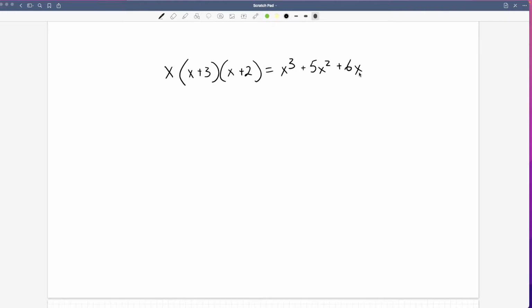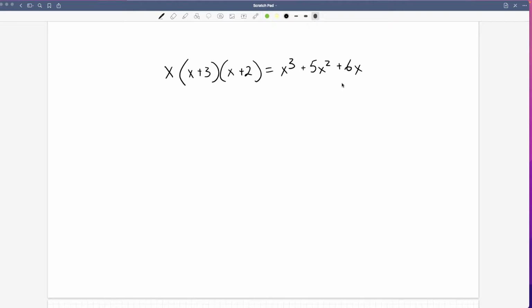This is the reason we use the word factoring to describe the procedure of writing a sum as the product of the quantities that can be multiplied to form that sum. So this is the product of these quantities that have been multiplied to form this sum. The product is the sum.